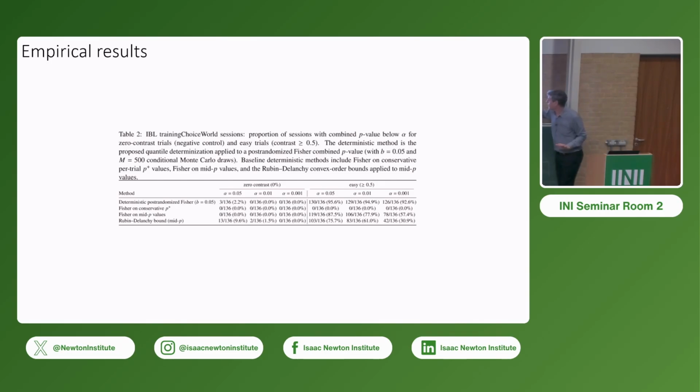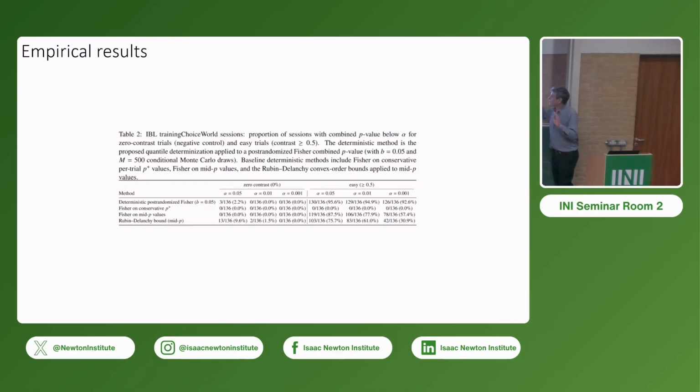Okay, and here's some empirical results for it. This is from another part of the International Brain Lab data. This is the moment in training the mice. It's just for one particular moment where we do this thing of if they keep choosing right, we keep putting the stimulus on the left, right?